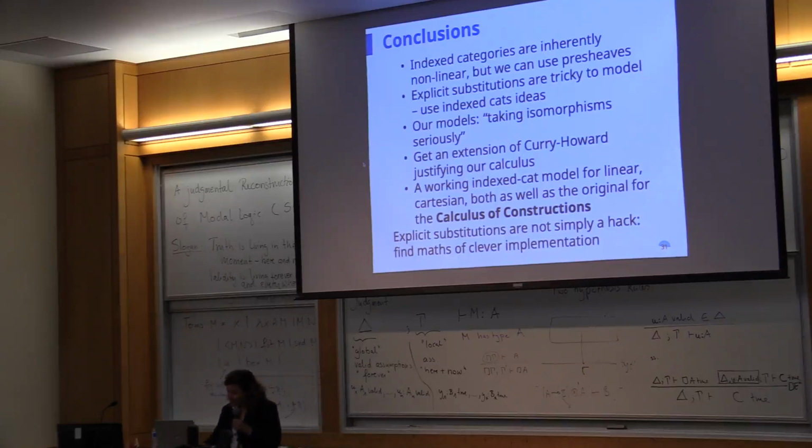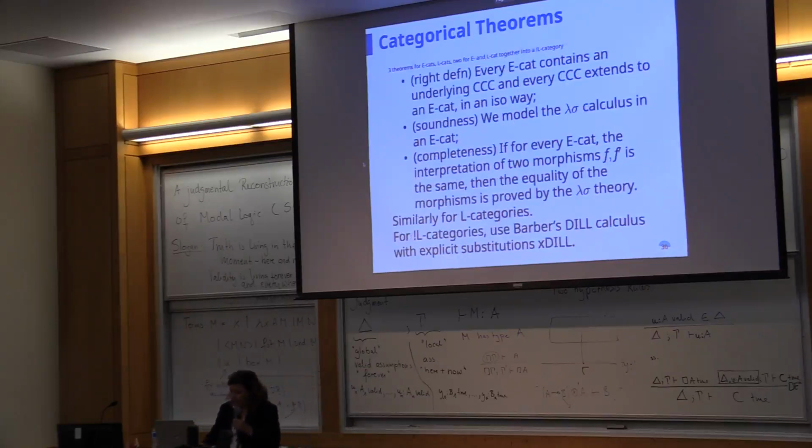Every ECAT contains an underlying CCC, and every CCC can be extended in an isomorphic way to an ECAT. Thanks for noticing this important point. It's not just forgetting the information, forgetting that you had the extra substitutions, but also being able to bring them back, right? It's proving that the underlying stuff is exactly what we needed to have.